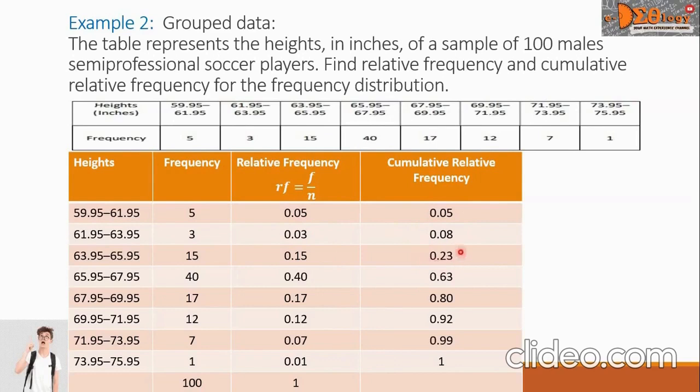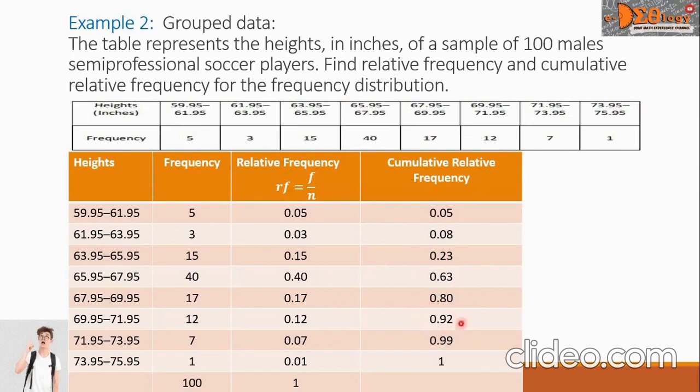The 0.23 plus 0.40 will get 0.63. 0.63 plus 0.17, we will have this 0.80. 0.80 plus 0.12, we will get 0.92.